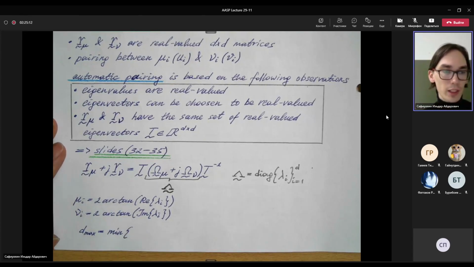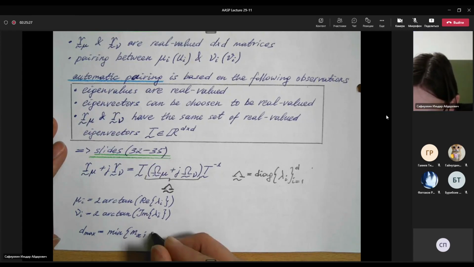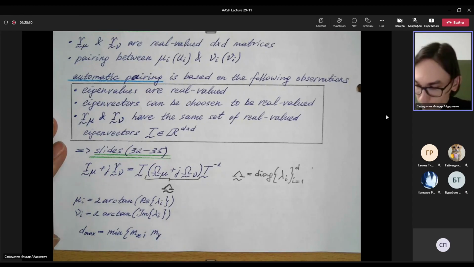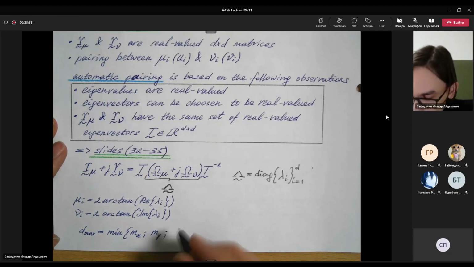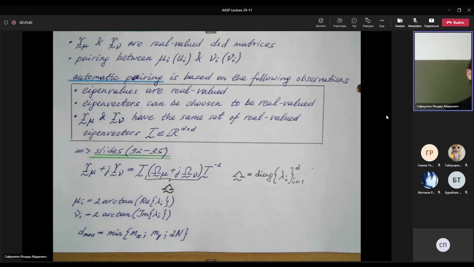So first value, it is the number of elements in subarrays with respect to x-axis. So m sub x. Then with respect to y-axis. And the last value here is the number of time snapshots, which is equal to 2 times N. It is because before we wrote that N is greater or equal to d over 2.